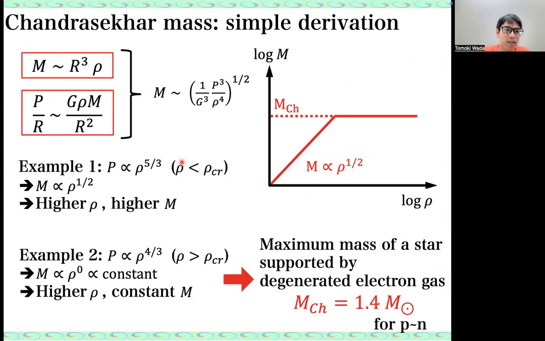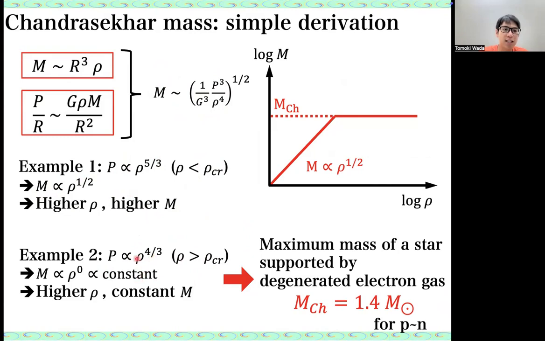When rho is smaller than rho CR, you can substitute this relation into these equations and get the relation between mass and density. Mass is proportional to rho to the power of 1/2. So for higher density, higher mass is realized. But above this rho critical, pressure is proportional to this value.